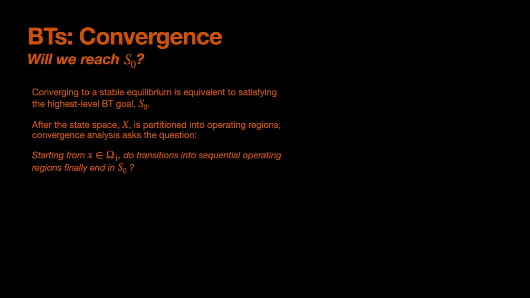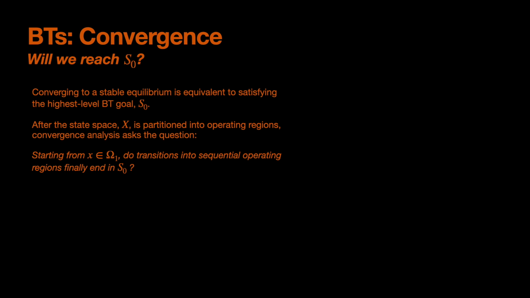So the first topic where we start to see an intersection of dynamical systems and control and behavior trees is this concept of convergence, which is basically, will we achieve S naught, which is our root node success? The authors cast the concept of converging to a stable equilibrium point as equivalent to satisfying the highest level behavior tree goal.